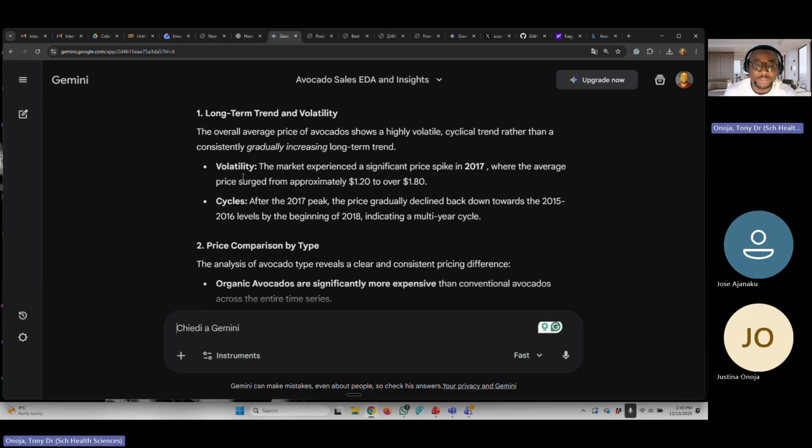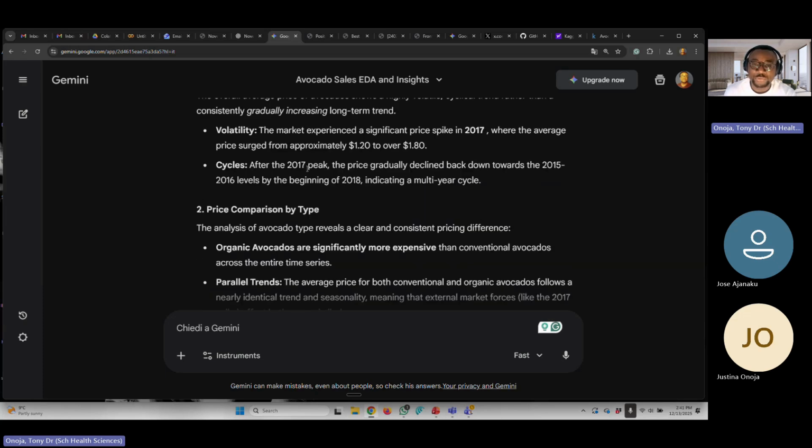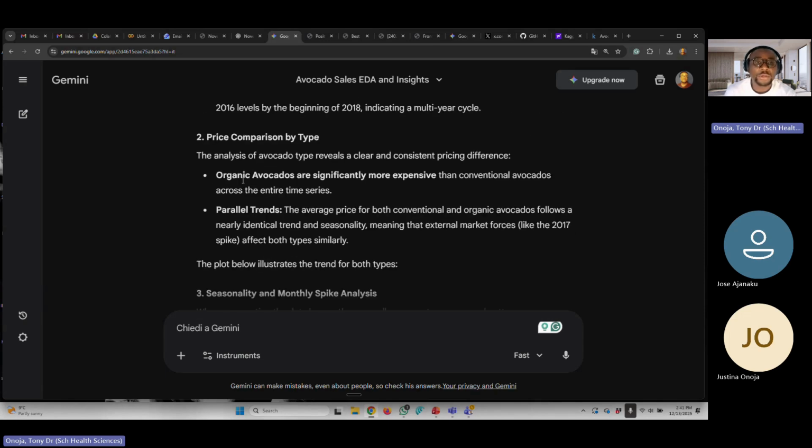The market experienced a significant price hike in 2017, where the average price surged from approximately $1.2 to $1.8. After the 2017 peak, the price gradually declined back to the 2015-2016 level by the beginning of 2018, indicating a multi-year cycle.